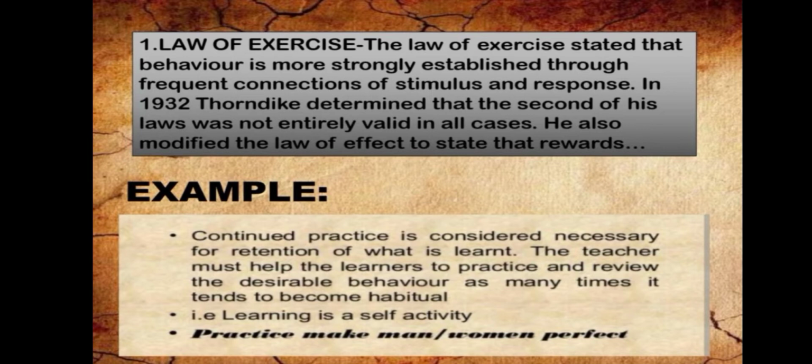The law of exercise states that behavior is more strongly established through frequent connection of stimulus and response. In 1939, Thorndike determined that the second of his laws was not entirely valid in all cases. He also modified the law of effect to state the rewards.